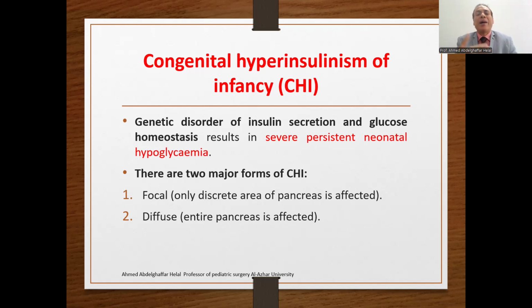There is inappropriate insulin secretion or insulin action, resulting in severe, persistent neonatal hypoglycemia. This disease may affect only a small area of the islets of Langerhans, called focal congenital hyperinsulinism, or may affect the whole pancreas, the entire pancreas, called diffuse hyperinsulinism.